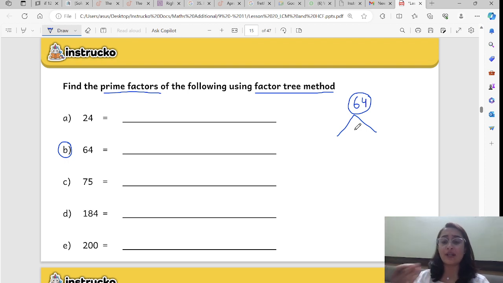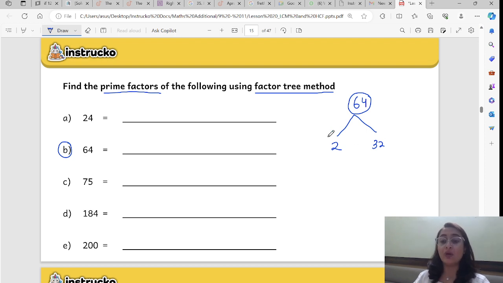For example, I can write 4 and 16, because 16 multiplied by 4 is 64. Or I can also write 8 and 8, because 8 multiplied by 8 is 64. Or I can also write 2 and 32, because 2 multiplied by 32 is 64.